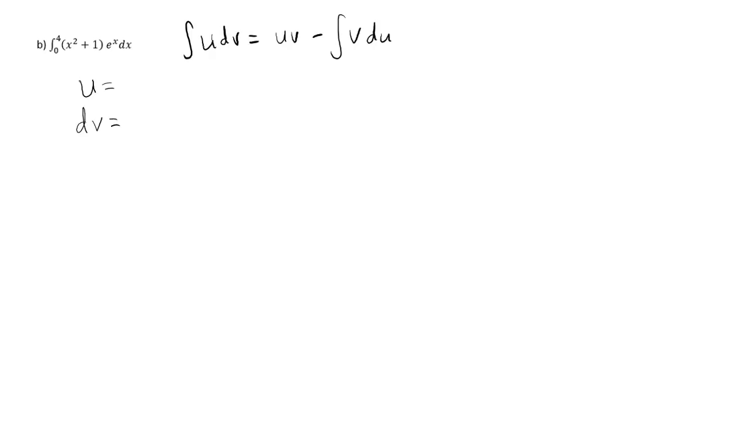Now when you choose u and dv, usually the way you choose it is what you call LIATE, where L is for logs, I is for inverse trigs, A is for algebraic functions, so something like polynomials, T is for trig functions, E is for exponential functions.